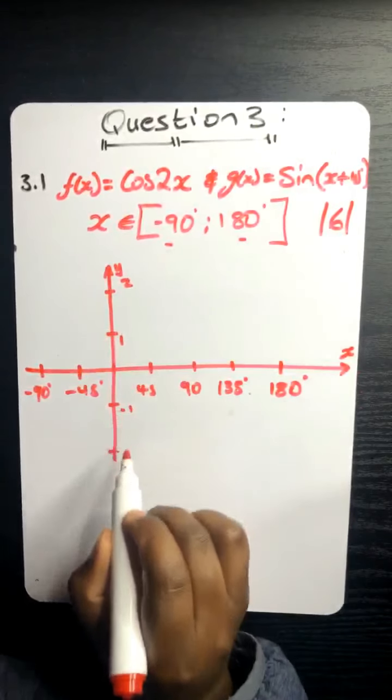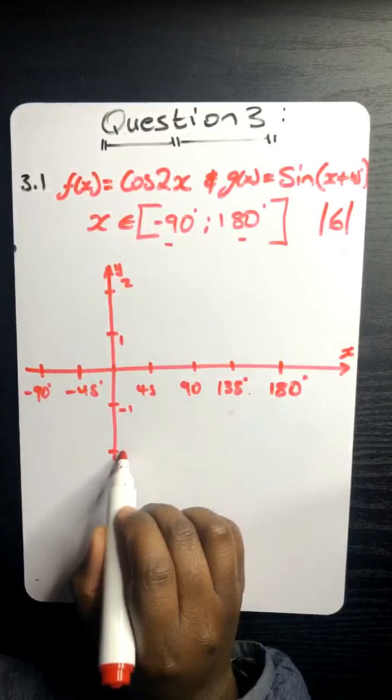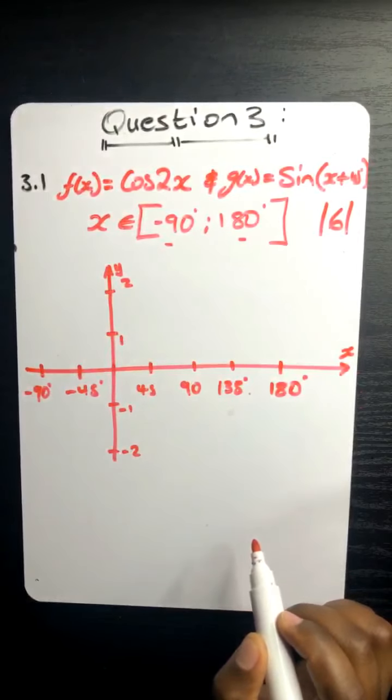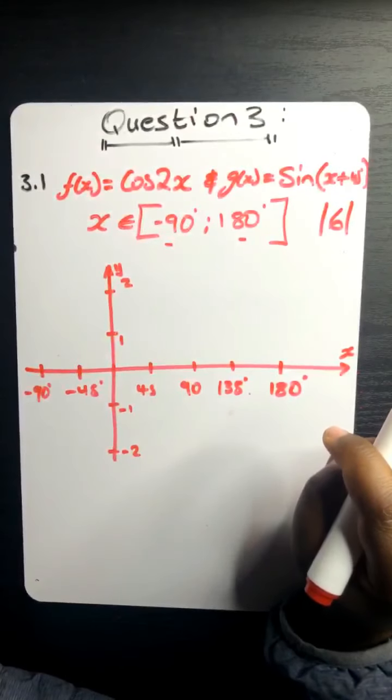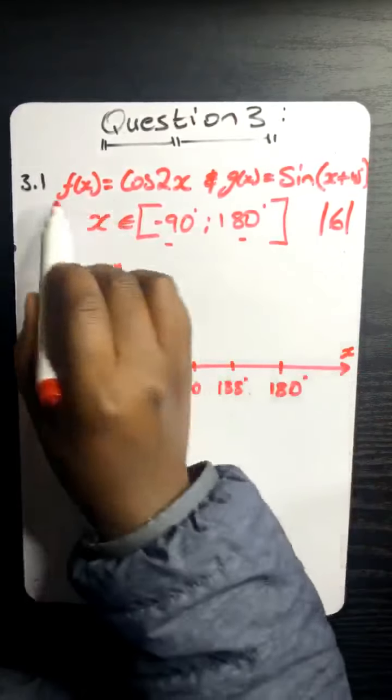Obviously here negative 1, then we can maybe say negative 2 over there. So now comes the easy part. What is the easy part? Obviously it is to take f of x.